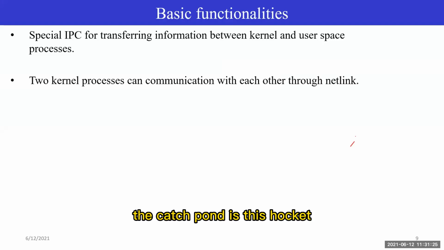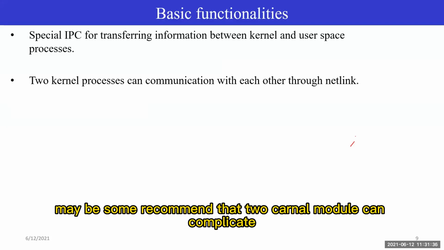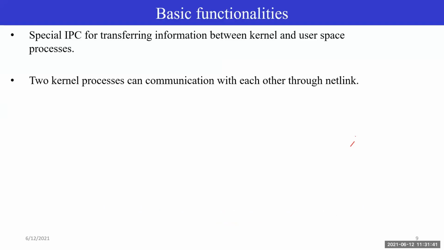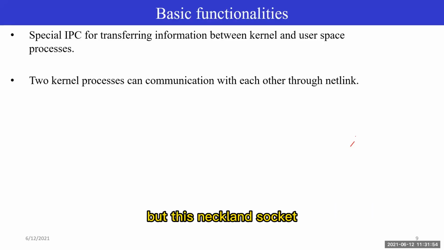This netlink can be used to communicate between two kernel modules also. There may be some requirement that two kernel modules need to communicate with each other. The socket APIs like TCP and UDP are not available in the kernel space, but this netlink socket is available in the kernel space, and two kernel modules can talk to each other.